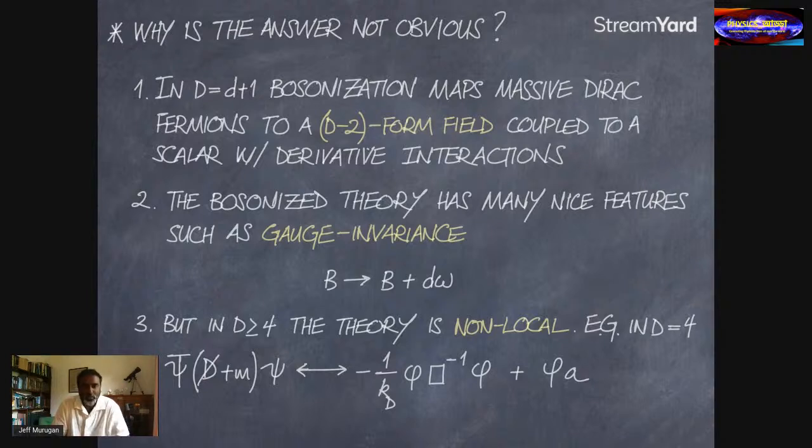So phi, 1 over box, phi. That 1 over box is a non-local interaction. It's the Green's function for the theory, which is defined by an integral, and hence it's non-local. And then there's some coupling with some gauge field, but that's not really the problem. The problem is this non-local box inverse term.